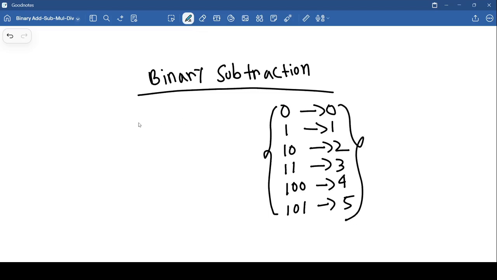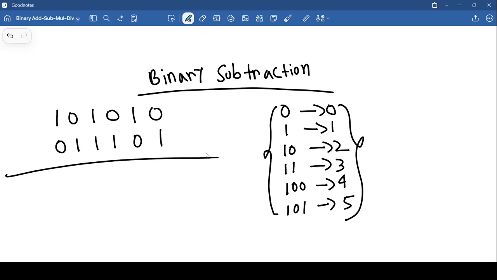Okay. So now see here 1 0 1 0 1 0, and here 0 1 1 1 0 1. So how we will do it? See, 0 minus 1. We need to subtract 1 from 0. So you will borrow 1 from here.